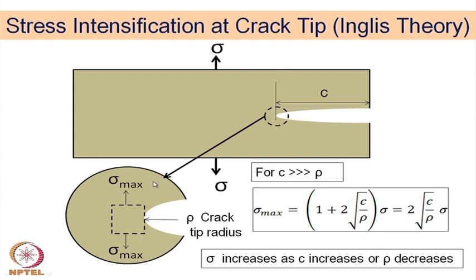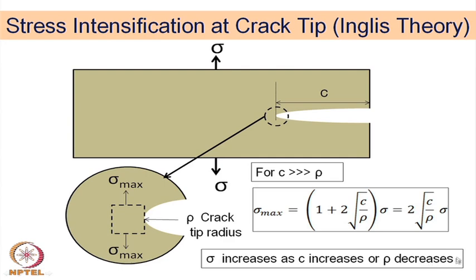So, sigma max is much larger than sigma. So, because of this very fine tip and the radius of curvature being small, you have a multiplying factor, and sigma max is quite different, and in fact is much larger than the applied stress. So, sigma max increases as c increases or rho decreases.